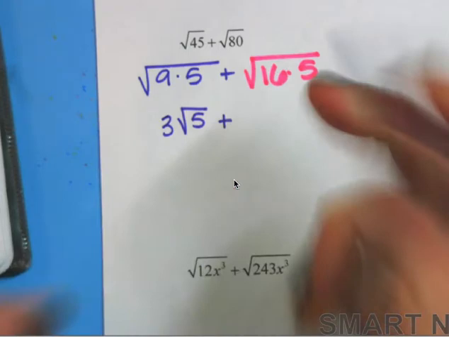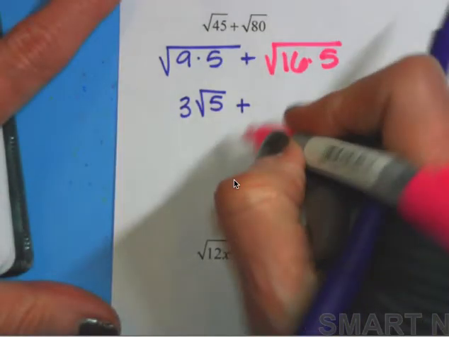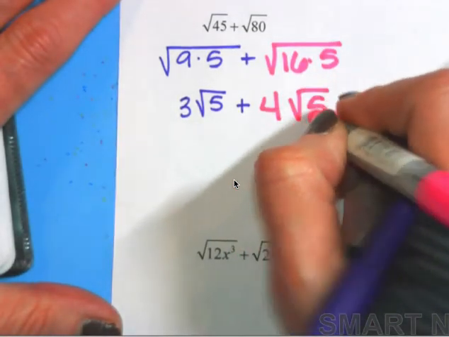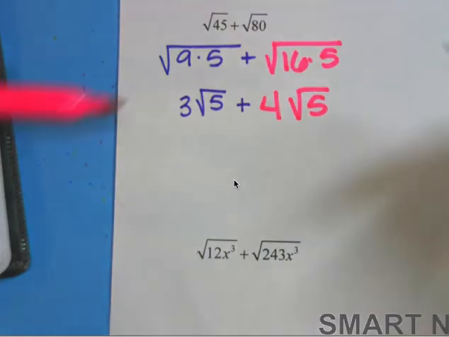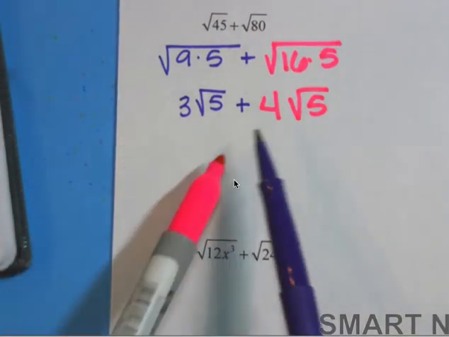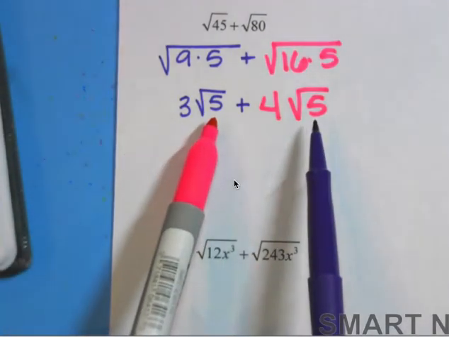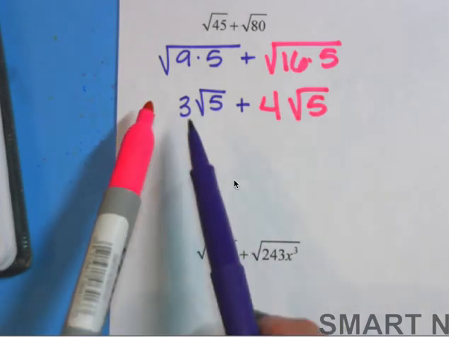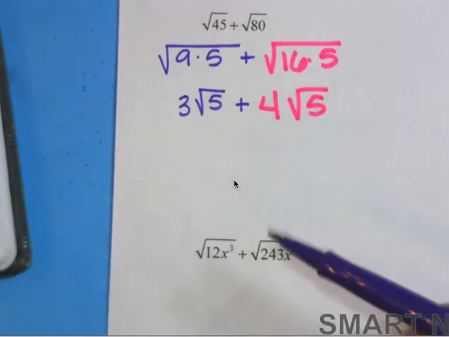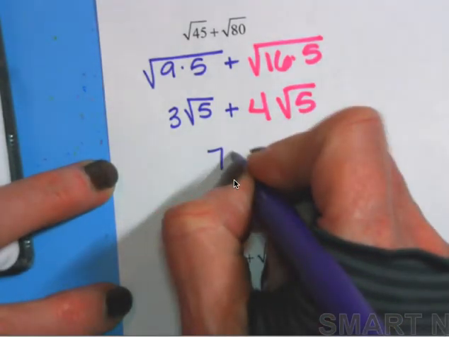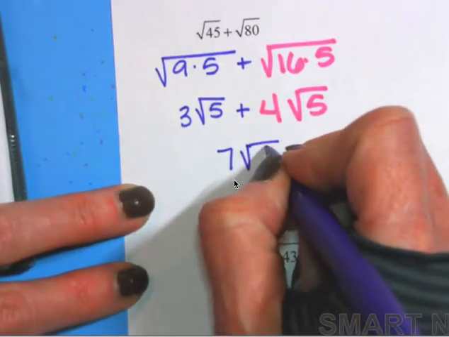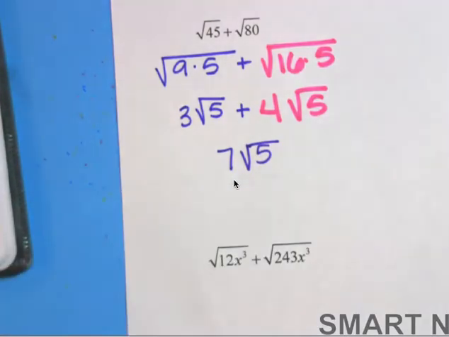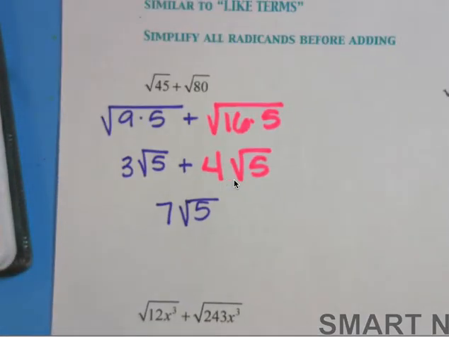And I'm going to add that to 4 radical 5. So I simplify each original, and now I see that I have matching radicands, so they're now considered like terms for radicals, and I would simply add the 3 and the 4 together to get 7. And my simplified sum would be 7 radical 5.